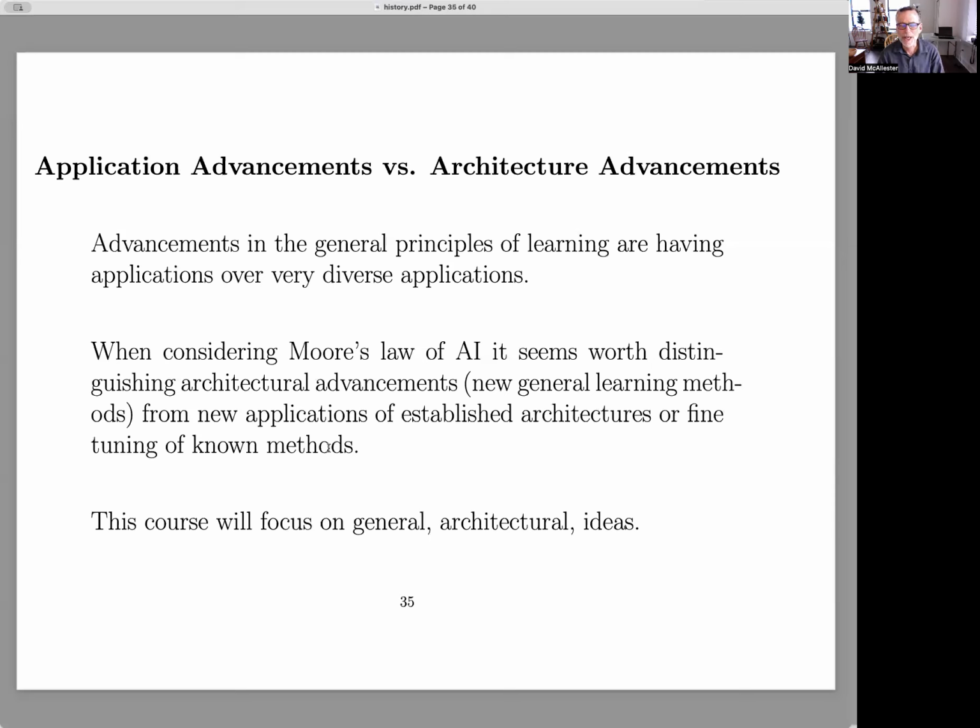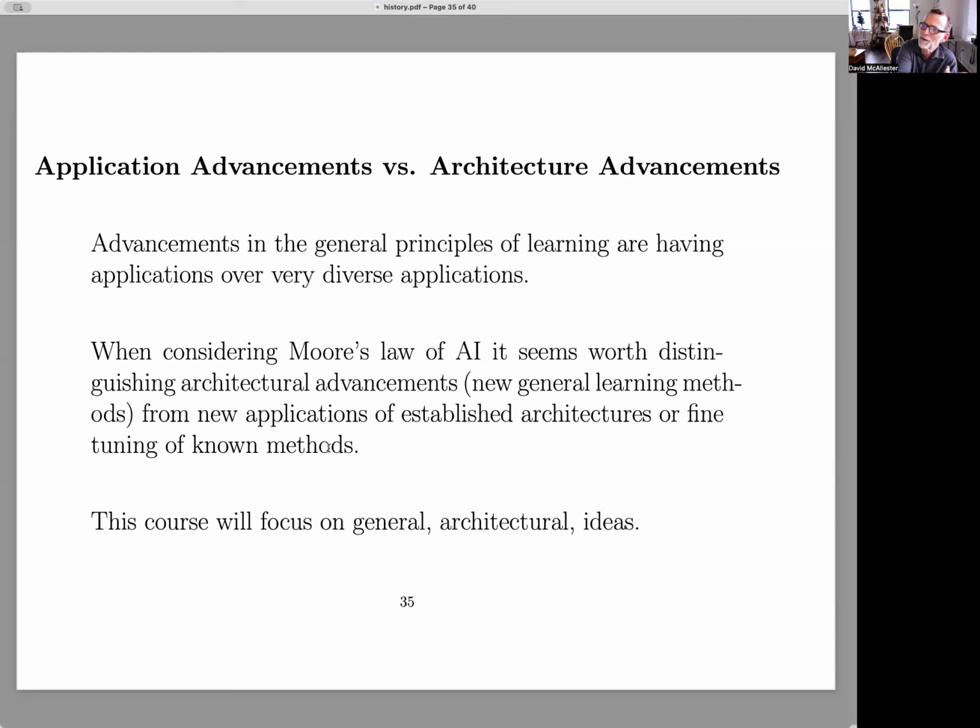So I also want to make a distinction between advancements in applications and advancements in architecture. What's happening in deep learning is the same ideas: convolutional neural networks, skip connections, normalization layers, the transformer, contrastive learning. All of these ideas seem to be domain independent.